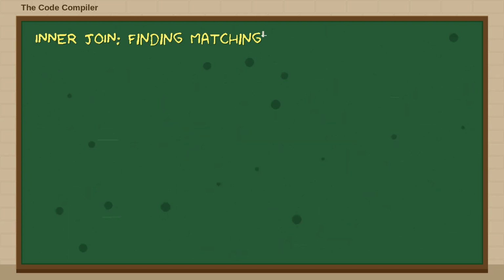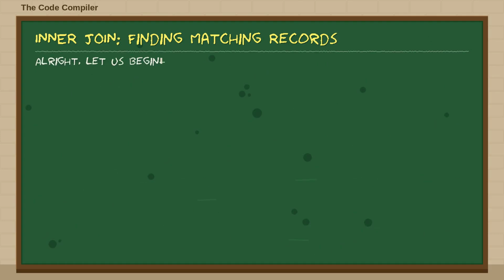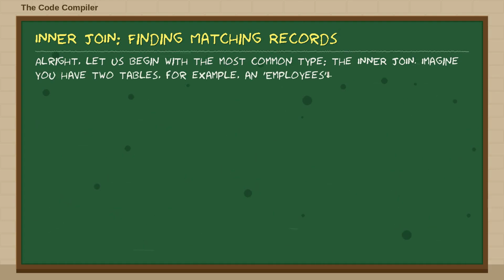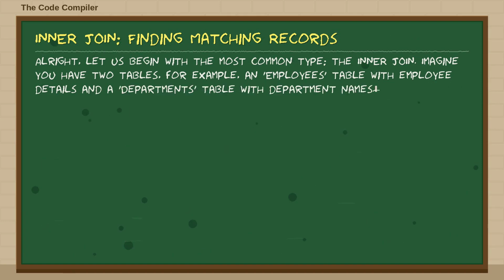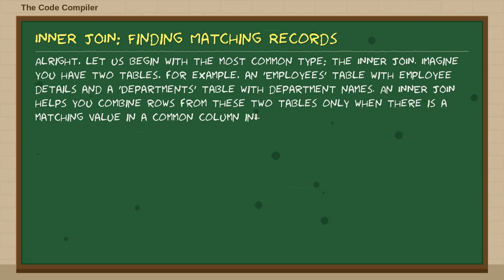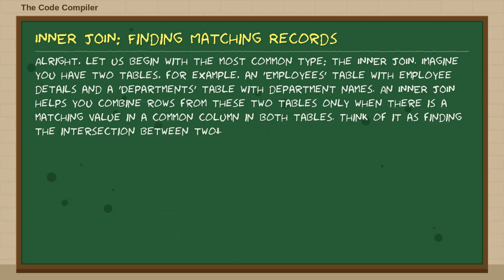Alright, let us begin with the most common type, the inner join. Imagine you have two tables, for example, an employees table with employee details and a departments table with department names. An inner join helps you combine rows from these two tables only when there is a matching value in a common column in both tables.